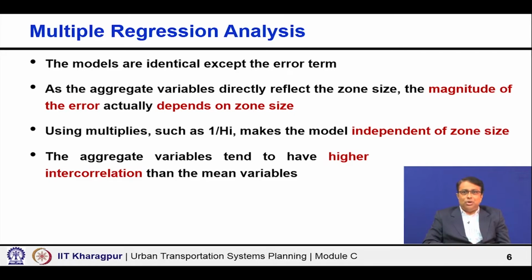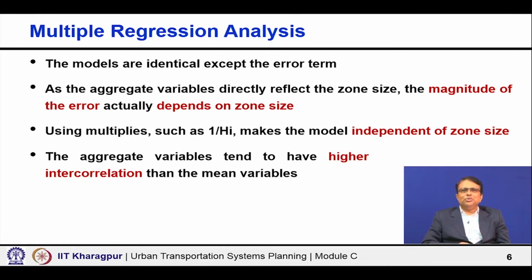Of course, not every variable has to be perfectly collinear, you will not get that as well. But because the zone size is going inside, aggregate variables tend to have higher intercorrelation than mean variables. The chances of such correlations from the data will be much lesser when you are using mean variables or rates.